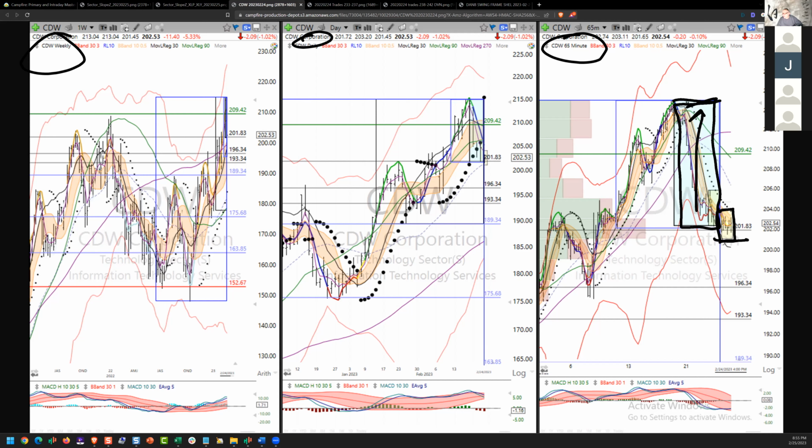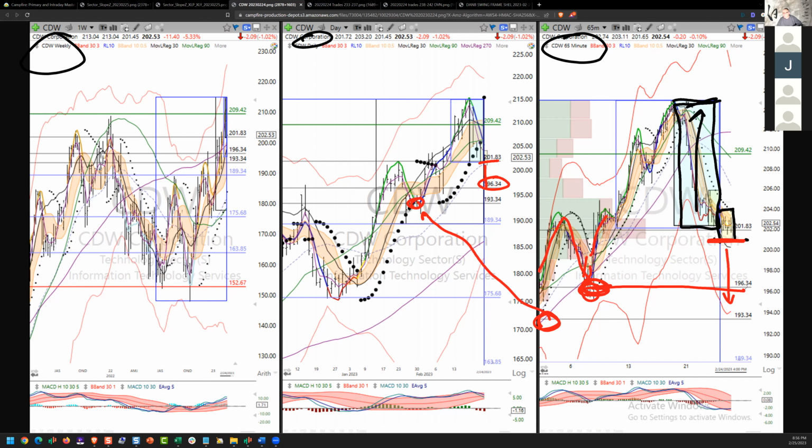I'm interpreting this as failure from here would be a short. First target here, second target 193.34 comes. Now you have to go over to the daily chart to see. So if he gets short here, that first target is 196.34, which is the belly of the RL10 on the 30.